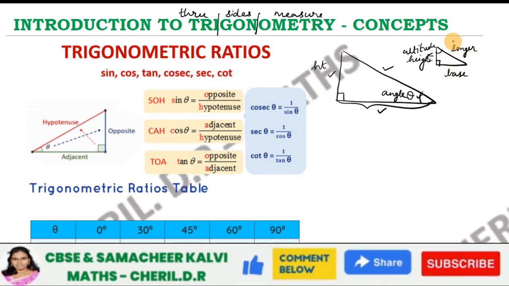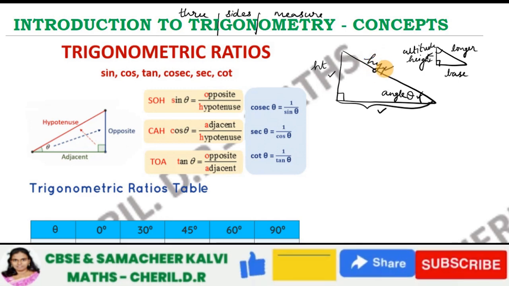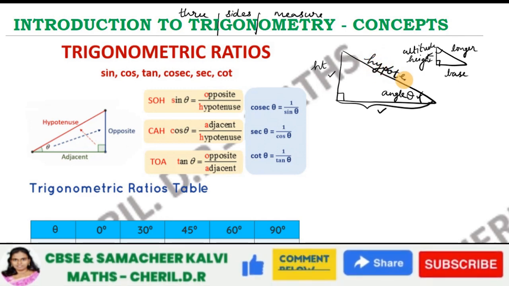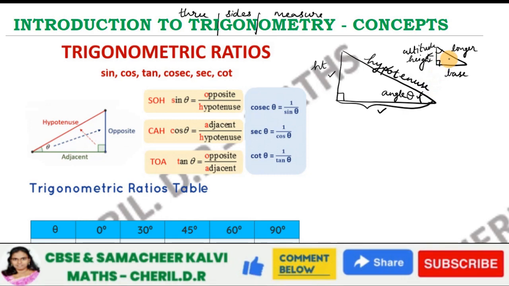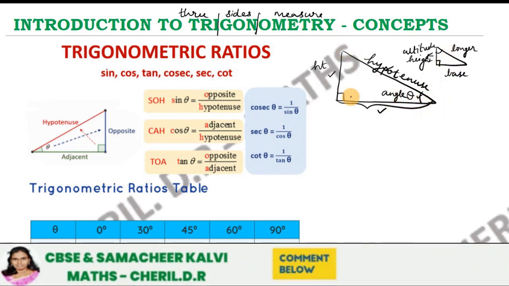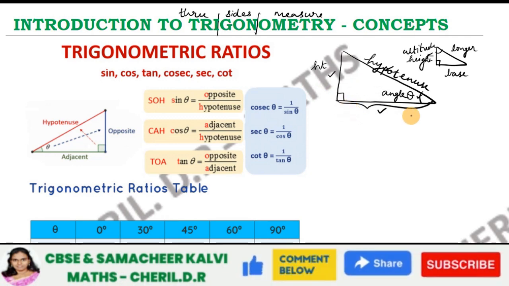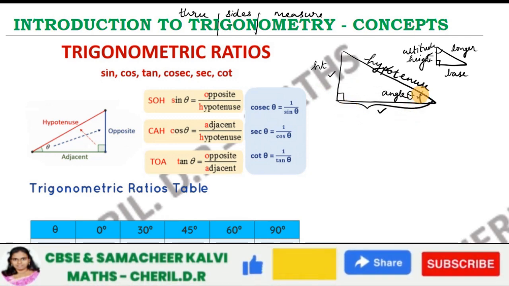But here this longer side we are always naming as the hypotenuse. Irrespective of where we have the angle, the longer side is always named as the hypotenuse. If we have the angle here, we'll have to name 2 more sides.